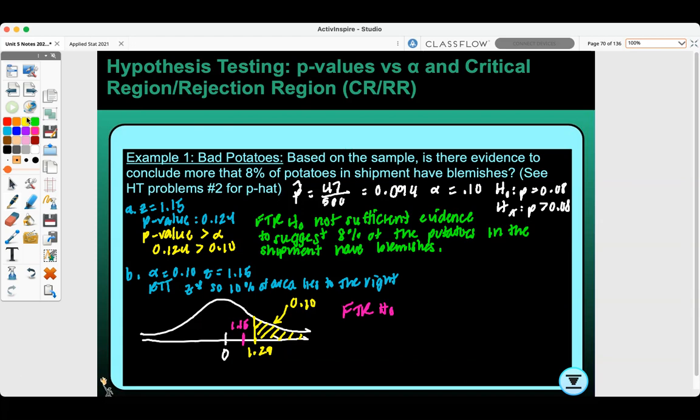And just a reminder on how you can find that z-score of 1.29: inverse norm of 0.9 equals 1.29.